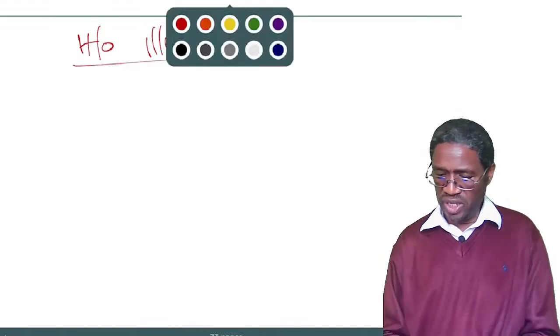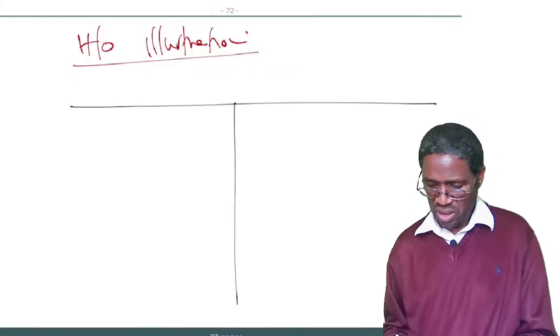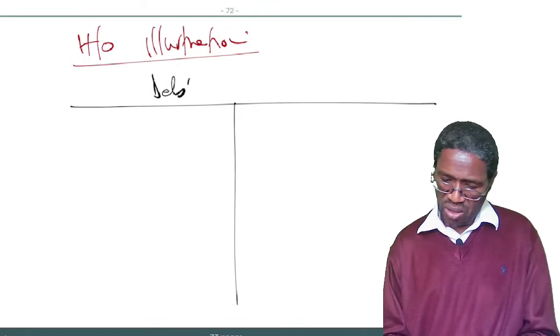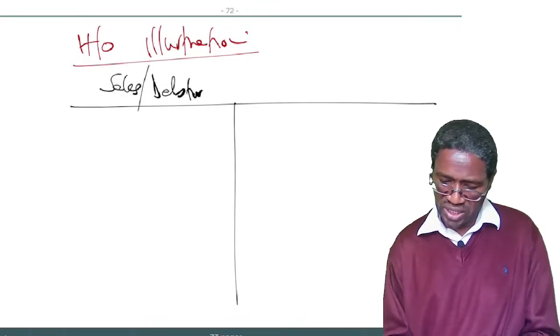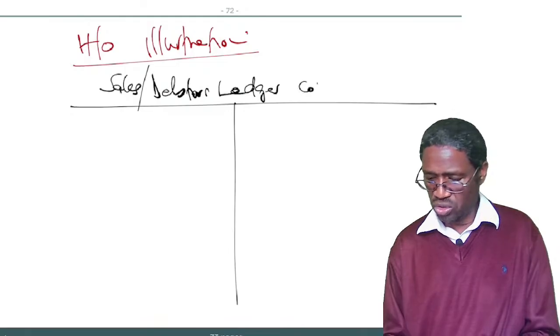So let's open an account called Debtors Control. We have said it's called also Sales Ledger or Debtors Ledger, control account.